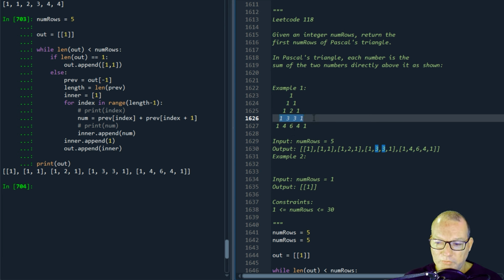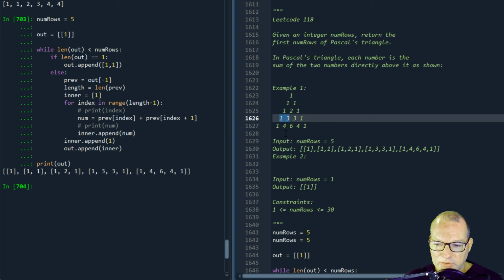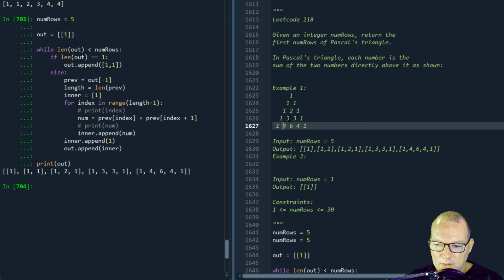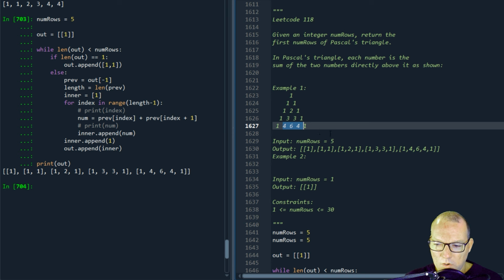So now the fourth row is a 1, a 3, a 3, and a 1. Now, this is where it gets interesting. This 4, same idea: 3 plus 1, 3 plus 3, 3 plus 1. So 4, 6, 4. This is the way it needs to be created.